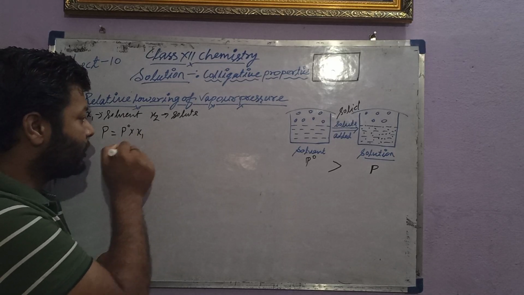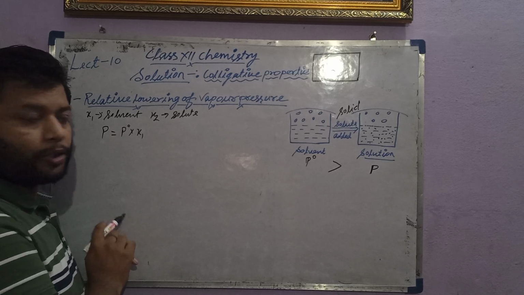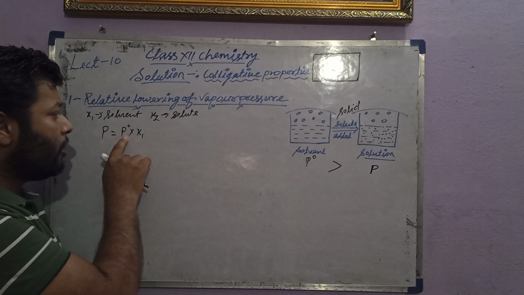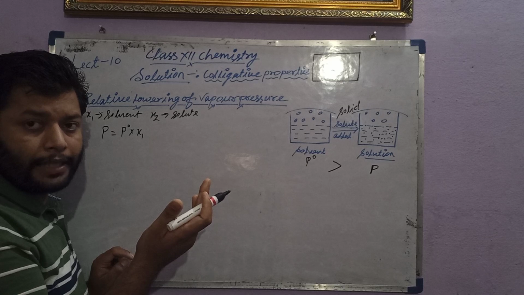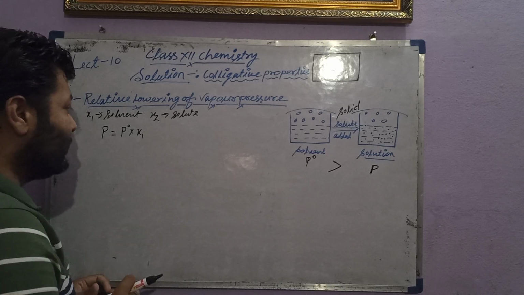So this is x1, so you can write P equals P naught into x1.